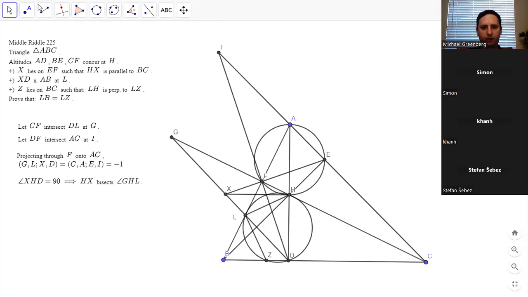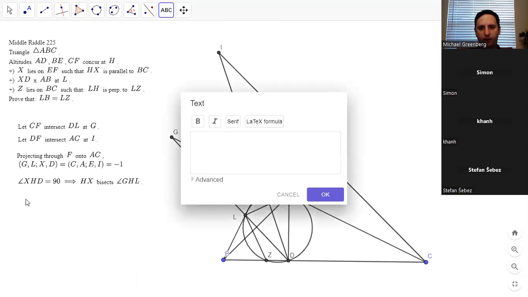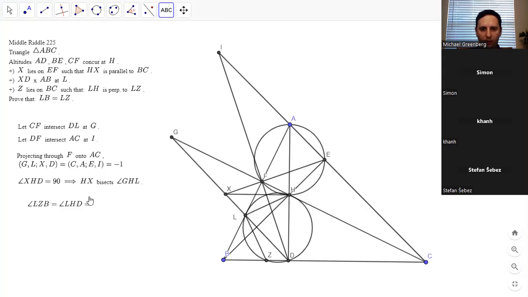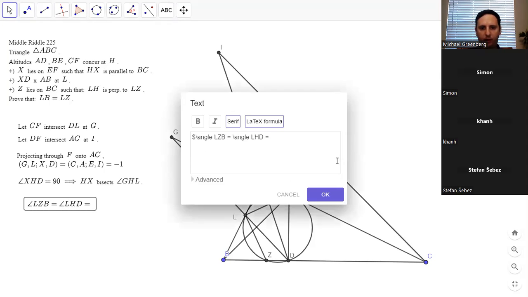So we have angle LZB is LHT, which is angle FHA, which is angle ABD.